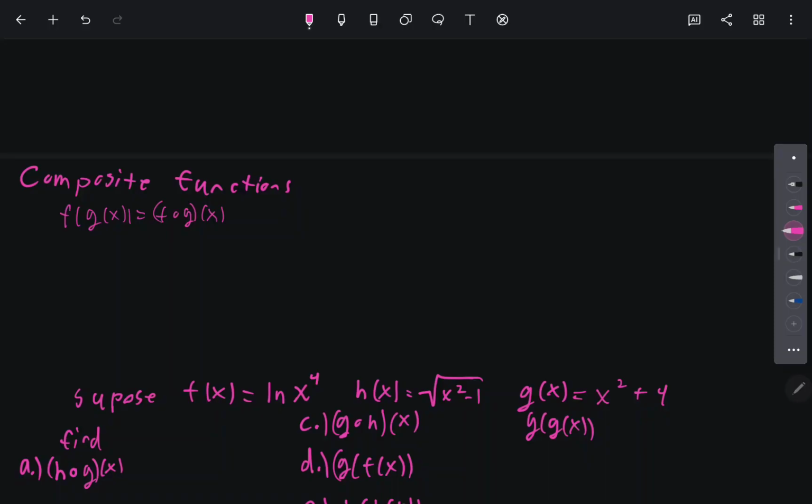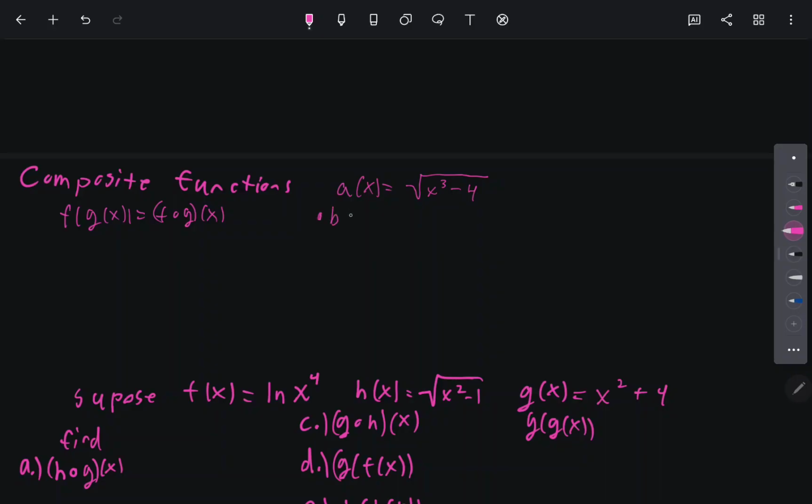So let's try breaking down some functions into their composite forms. Let's suppose that we have a function a of x is equal to the square root of x cubed minus 4. Well, there's a lot of different ways we can break down this function. In fact, let's list a few pairs.